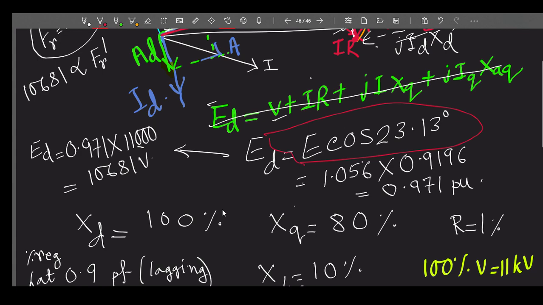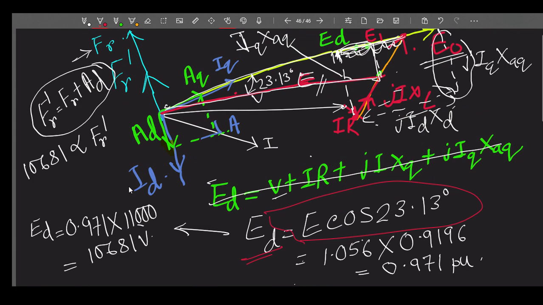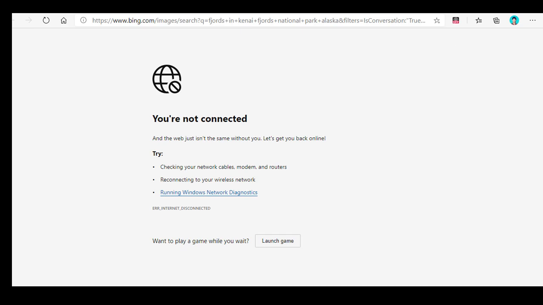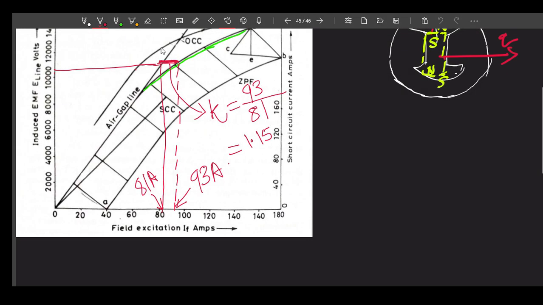Then what we are doing here, this ED is proportional to this, we took two values. If you recall, or if you watch the video on the cylindrical rotor synchronous machine, you will find the answer there also. So from this we can figure out this is our Kingsley factor.